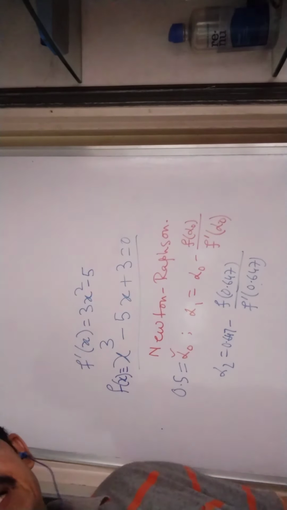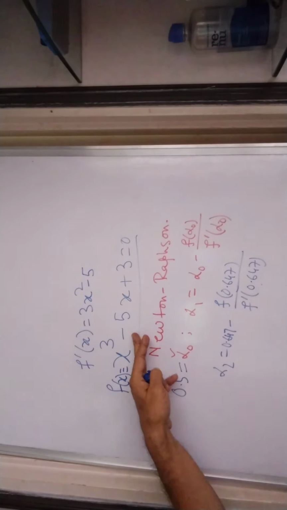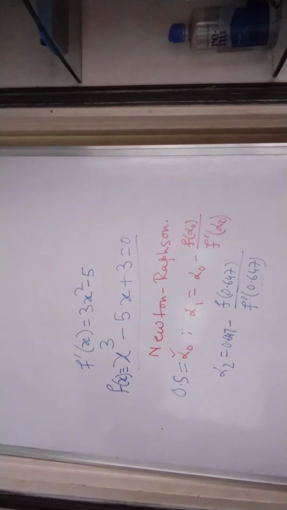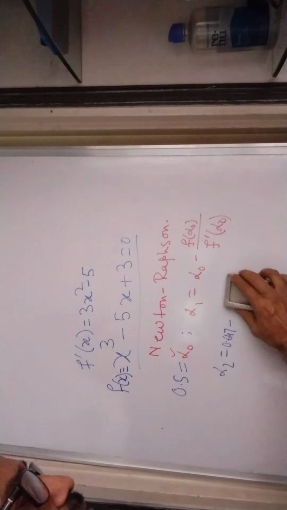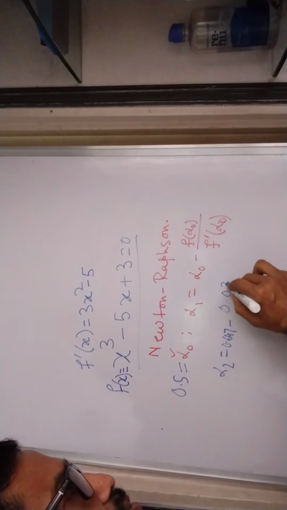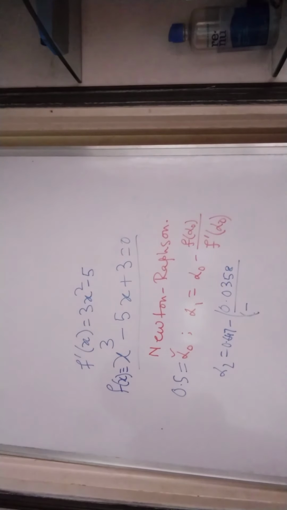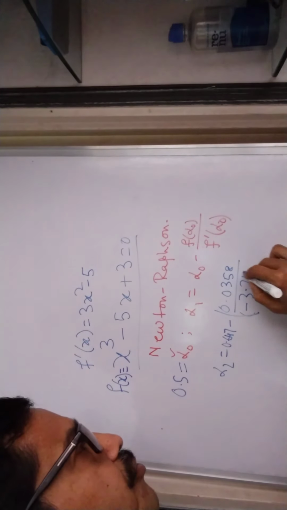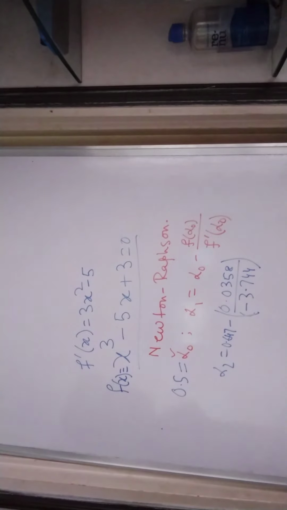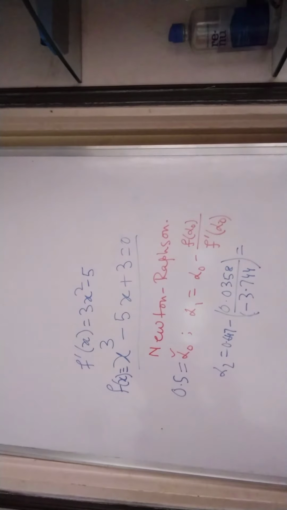With the help of a calculator, with a little bit of effort, we can easily find that the values come out to be 0.0358 divided by, it is coming out to be a minus, so I put a bracket here, 3.744. Okay, it is rounded up.